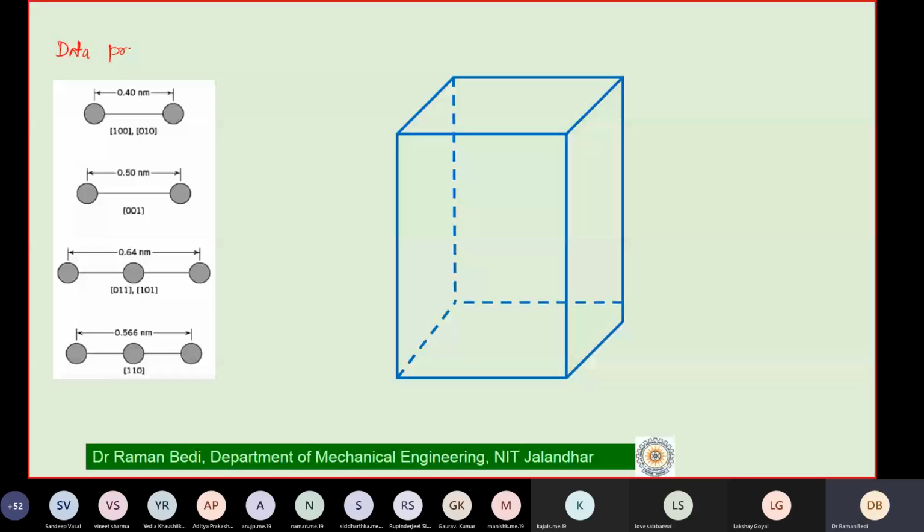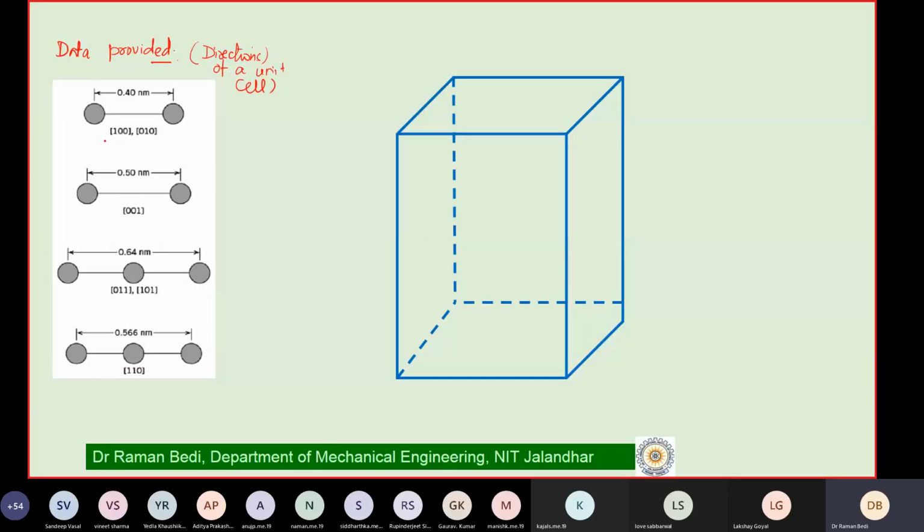So what does the data tell us? The data tells me that the directions of a unit cell have been represented here in terms of the Miller indices of direction.